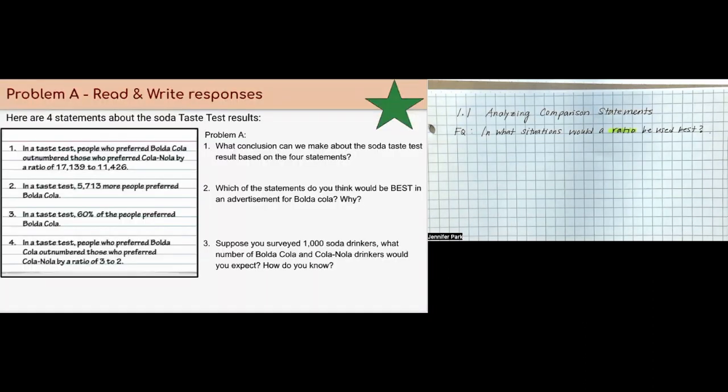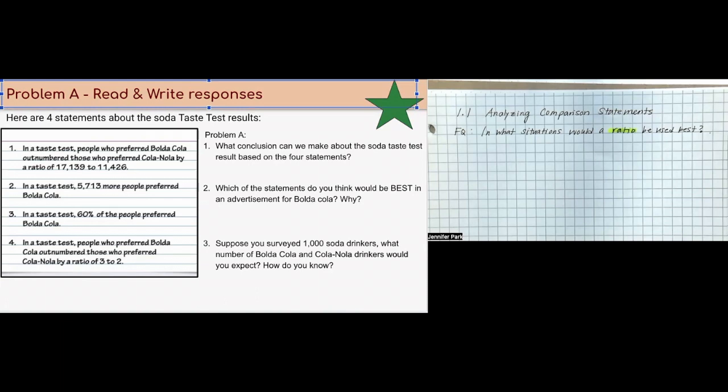All right, so now here are 4 statements about the soda taste test results. So we're going to look at the actual statements about the results, and we're going to answer some questions. So the first statement says, in a taste test, people who preferred Bolda Cola outnumbered those who preferred Cola-Nola by a ratio of 17,139 to 11,426.